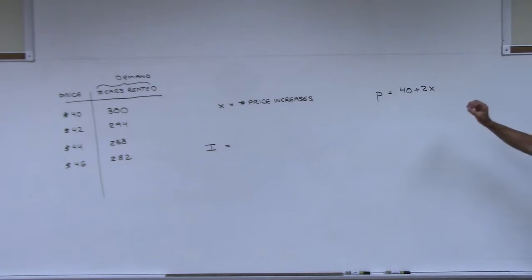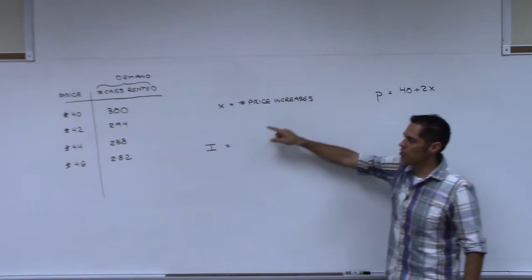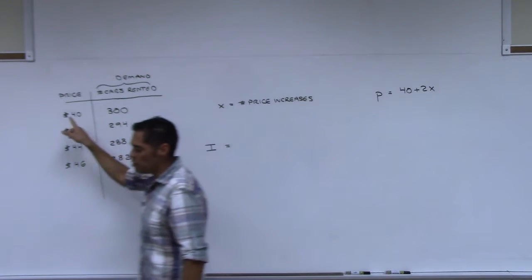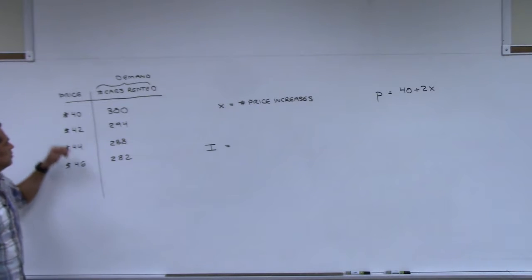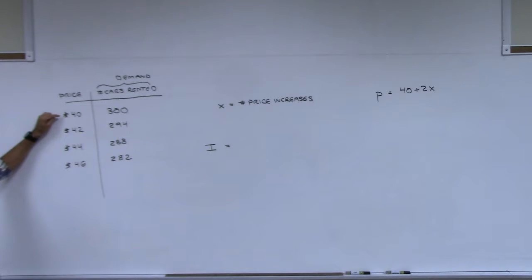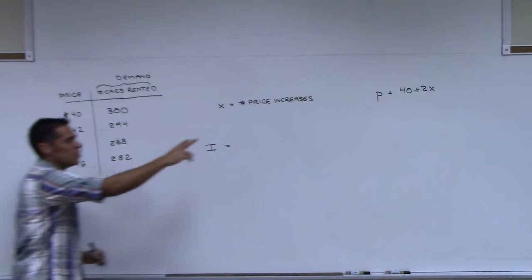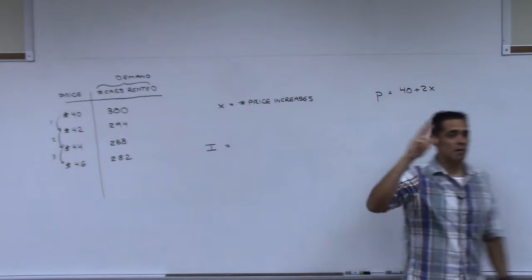If we do 0 price increases, how much are we charging per car? 40, right? Okay. If we do 1 price increase, so X is 1, we're going to be charging $42. We do 2 price increases. So this was 1 increase, this would be our second increase, this would be our third increase.